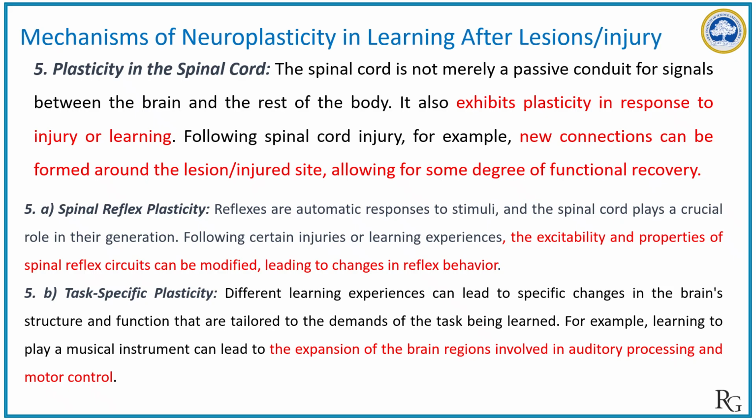With repeated practice, the motor and sensory regions that support finger movements and auditory feedback expand. Similarly, in rehabilitation, when a patient repeats a certain task like grasping an object, the spinal and cortical circuits related to that specific task adapt to make the movement more efficient over time.